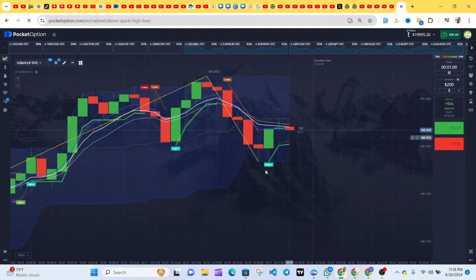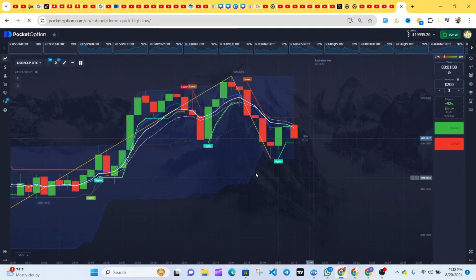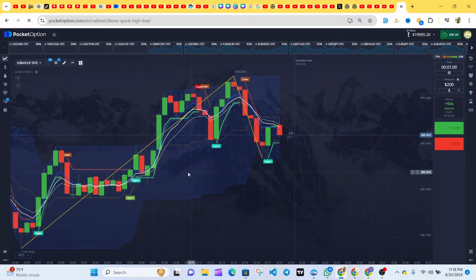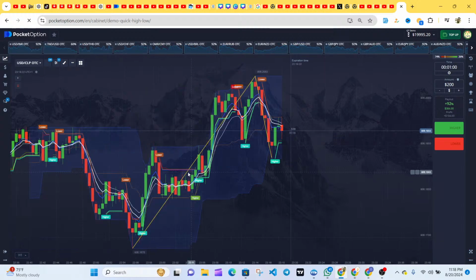So I won't be taking just transaction market today. I'll be using the indicator so that you guys can understand the intricacies of this indicator. We are going to make use of the indicator tonight.